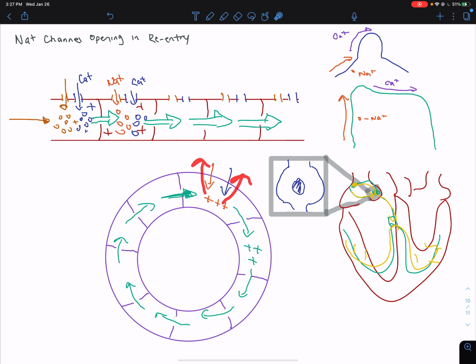So our sodium and calcium should go back outside the cell. If that hasn't happened, this cell will still be in refractory and we won't be able to stimulate it. So that's a piece of that critical timing. So I hope that makes sense to explain what's happening from an ion perspective in a reentry phenomenon.